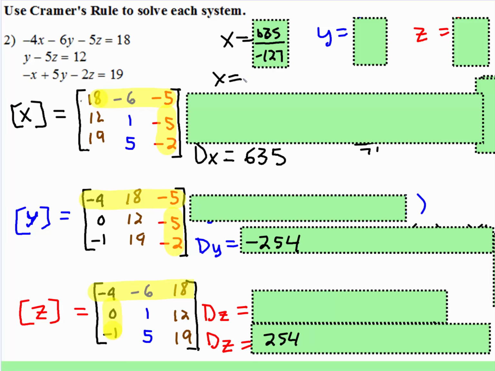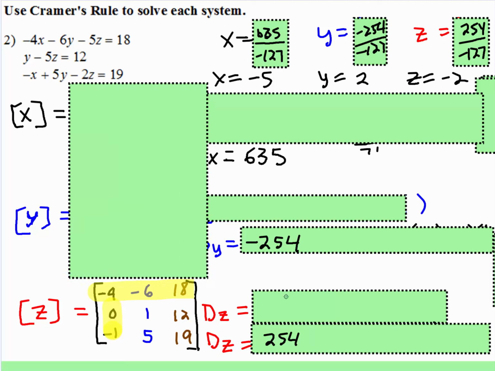So x is equal to negative 5. And then the y value is negative 254 divided by negative 127. And I think that's just going to be positive 2. It is. So y is equal to 2. And the z value is positive 254 divided by negative 127. So the z value is negative 2.